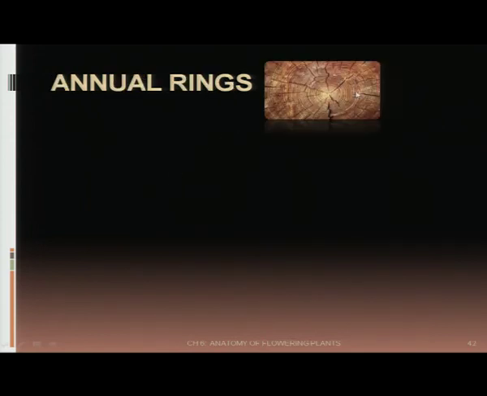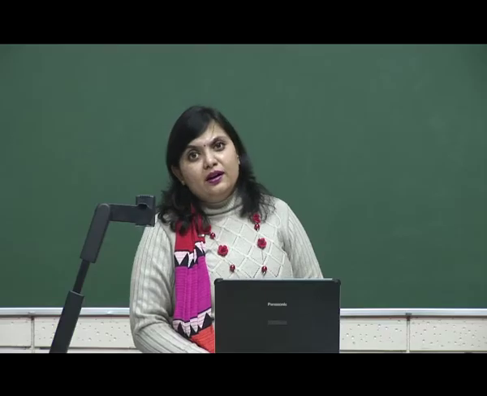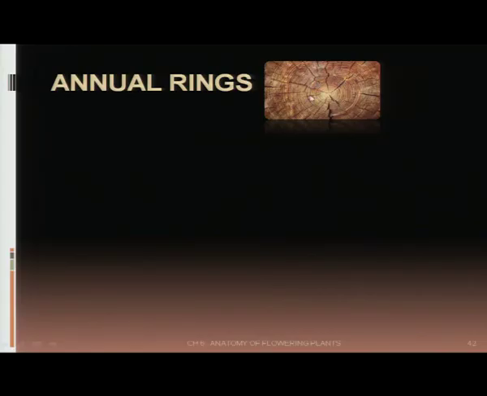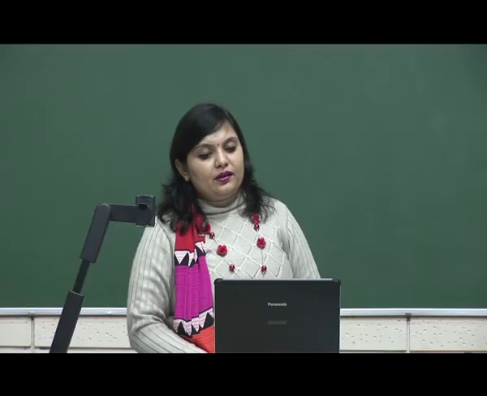Now, what do you see in this picture? This is a typical log of wood. You must have seen such pictures or logs of wood anywhere. Yes, beautiful concentric rings, and you must be knowing that these are annual rings. How are they formed?